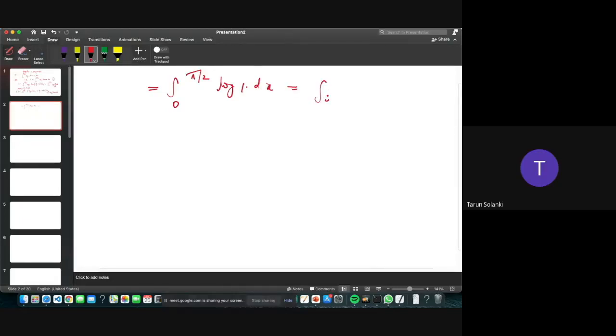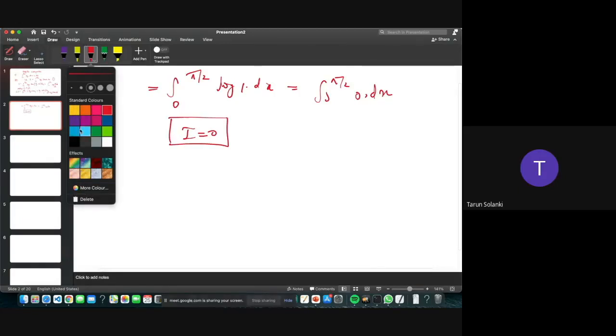So it will become the integral from 0 to pi by 2 of log of (tan x into cot x) dx. Taking the product, we get the integral from 0 to pi by 2 of log 1 dx. Log 1 is 0, so into dx, I is equal to 0. This is the required answer.